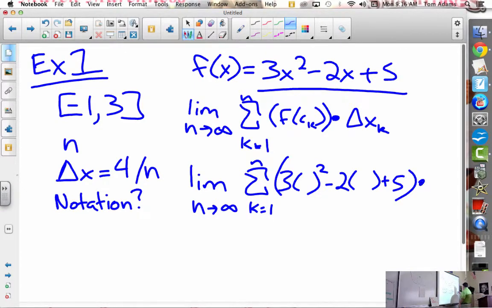Times what? Delta x. Okay? Now if we choose the midpoint, I think we talked about this when we talked about the rectangular approximation. We said maybe we could choose the midpoint. I might change the notation a little bit to m sub k.